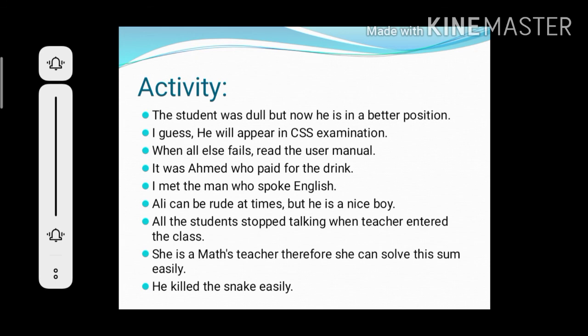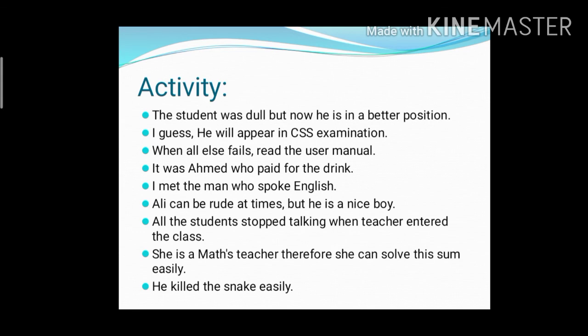So according to the definition of a complex sentence, when we need two or more than two clauses, of which one must be independent while the rest are dependent, it should be referred to as a complex sentence. When all else fails, here it is also a dependent clause, whereas our second part, read the user manual, is an independent clause. So we can say that it is also a complex sentence.